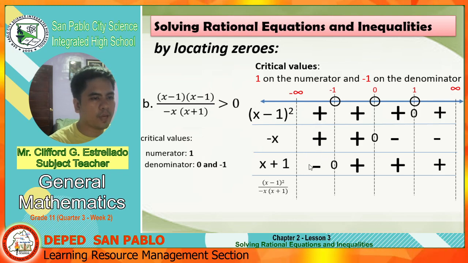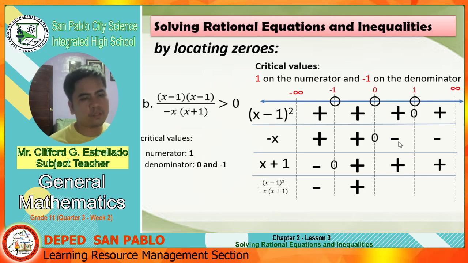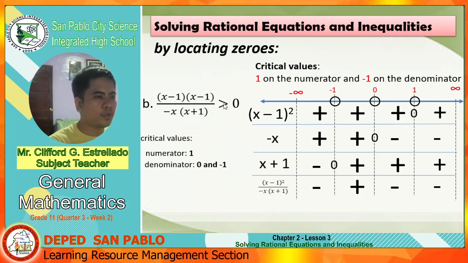Positive divided by negative is negative. Positive divided by positive is positive. Then positive divided by negative is negative, and again negative. And our inequality is greater than 0, meaning we want positive.